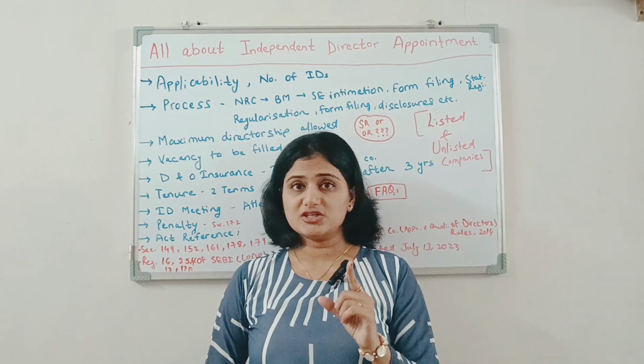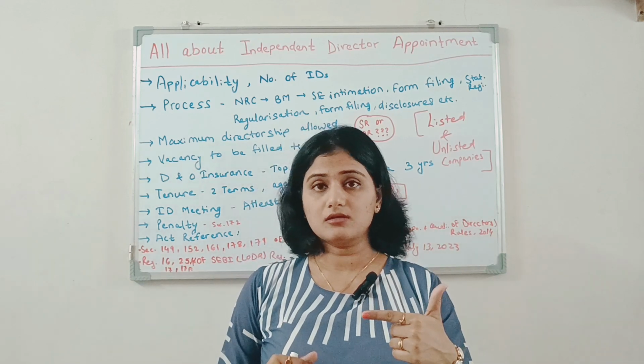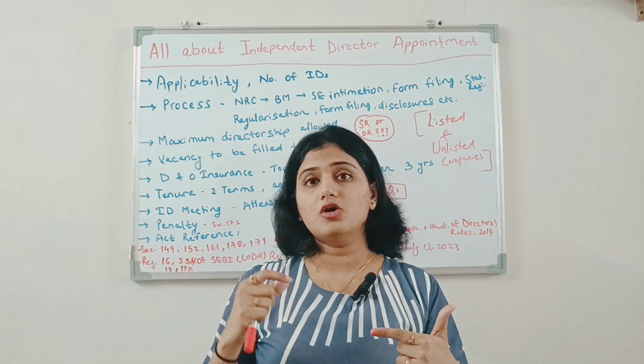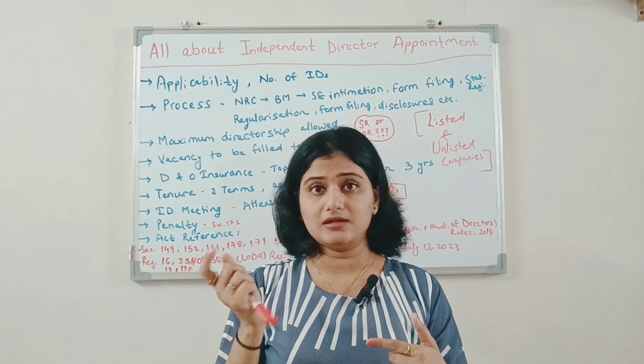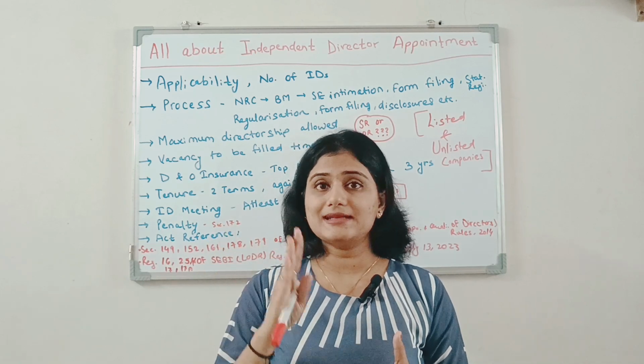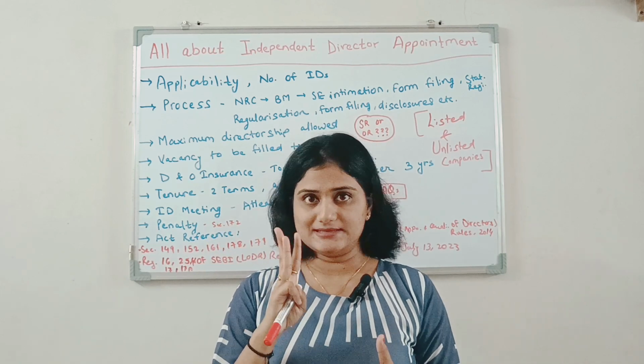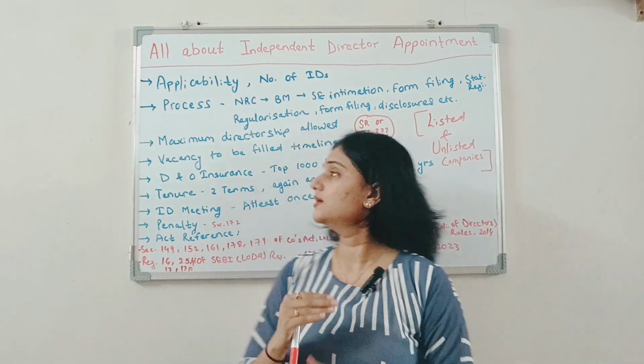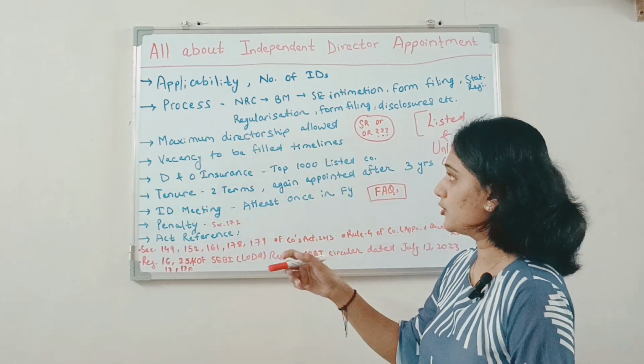And in case such director is say whole-time director or managing director in one listed company, then he can be appointed as an ID in maximum 3 listed companies. Okay, I hope it is clear.